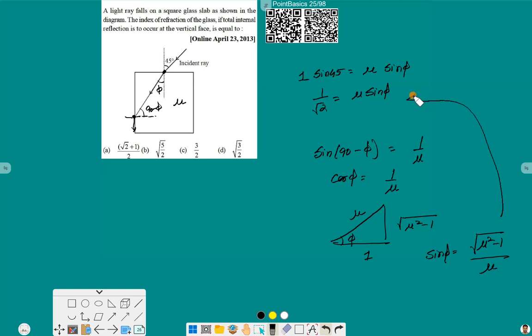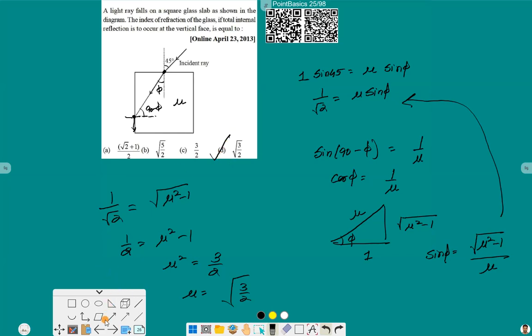We can substitute it here. So 1 by root 2 will be equal to, mu gets cancelled, under root mu square minus 1. Squaring both sides, we get half is equal to mu square minus 1, and from this mu square will be 3 by 2, and mu will be under root 3 by 2. That is option D here.